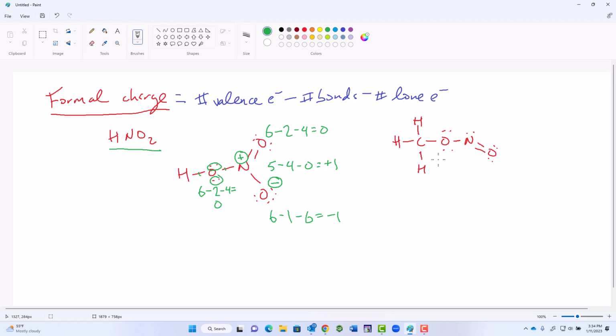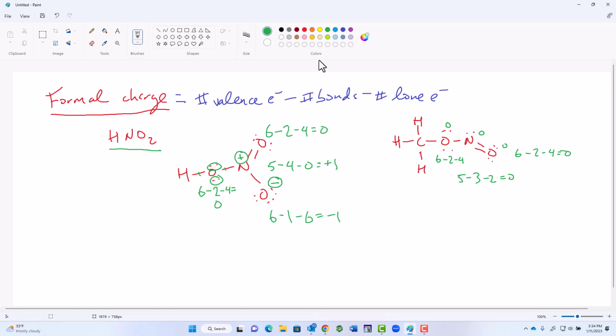If we look at this oxygen, we have 6 minus 2 bonds minus 4 lone electrons, which would be 0. If we look at this nitrogen, we have 5 minus 3 bonds minus 2 lone electrons, which is 0. If we look at this oxygen, we have 6 minus 2 bonds minus 4 lone electrons, which is 0. So overall, all of the formal charges are 0.